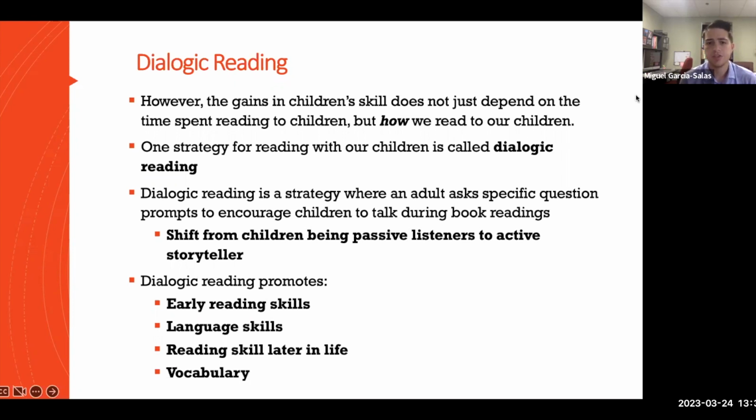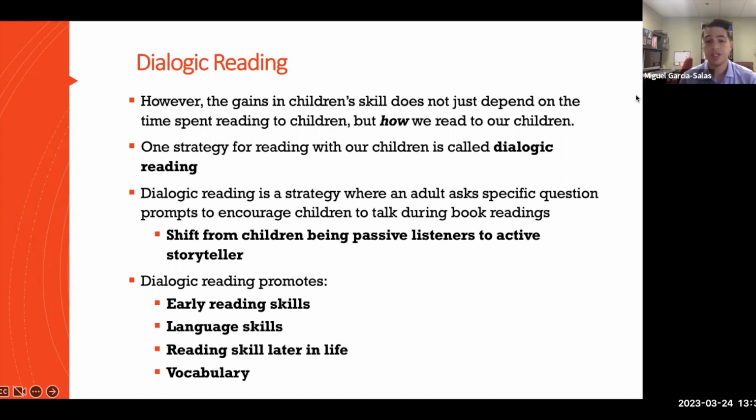Dialogic reading is a strategy where an adult asks specific prompts to encourage children to engage in the story and talk about the pictures and the vocabulary and things like that. And they really shift from being just a listener to the story, like a parent or a caregiver, an adult just reading to the child, to being an active storyteller themselves and really taking on more of that role.